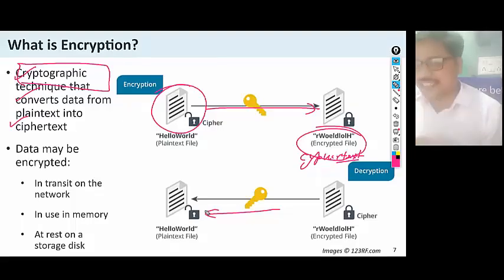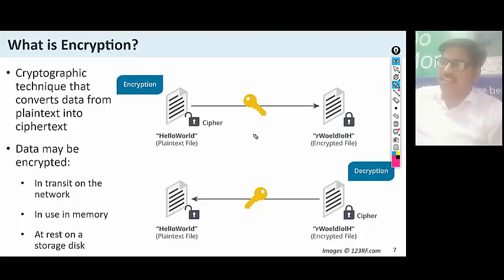So what is a cipher? A cipher is the algorithm which is used for encrypting the data. It may be any algorithm. For example, this is a simple "hello world", and it is written like this: RWOELDLOLH. The algorithm used here is some shuffling.